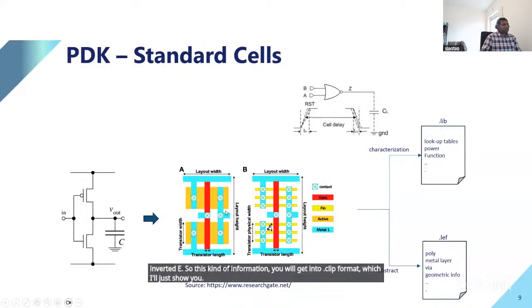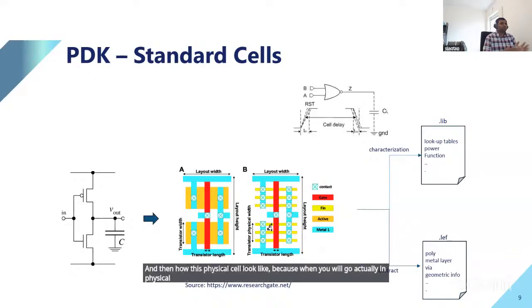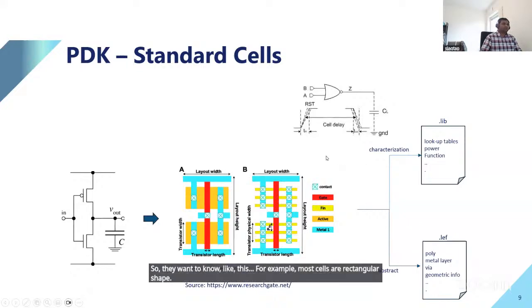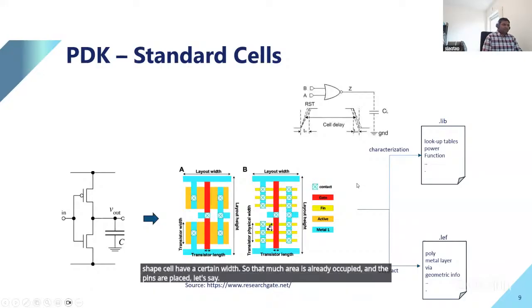Then there is how the cell physically looks, because when you go into the physical domain, you have to place that cell on the floor plan. Most cells are rectangular in shape, and this rectangular cell has a certain width, so that much area is already occupied, and the pins are placed at certain coordinates.